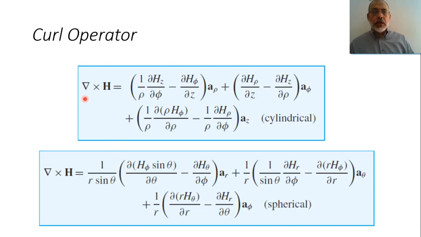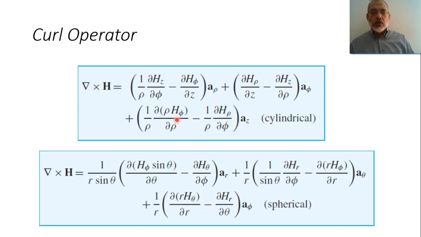In cylindrical coordinates, the curl of H would be 1 over rho, the derivative of Hz with respect to phi, minus the derivative of H phi with respect to z in the rho direction, plus the derivative of H rho with respect to z minus the derivative of Hz with respect to rho in the phi direction, plus 1 over rho, the derivative of rho H phi with respect to rho, minus 1 over rho, the derivative of H rho with respect to phi in the z direction.